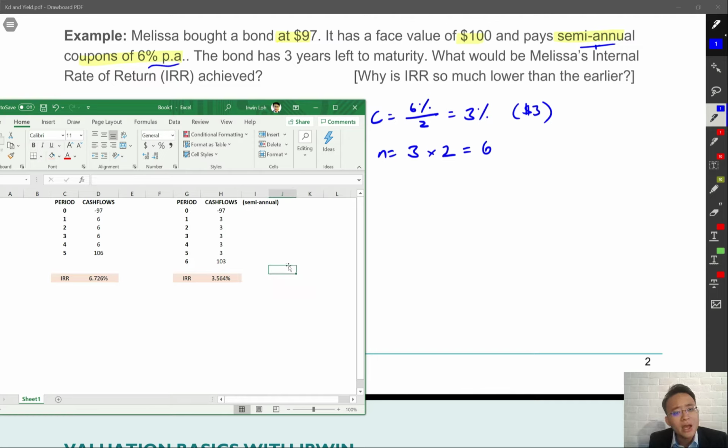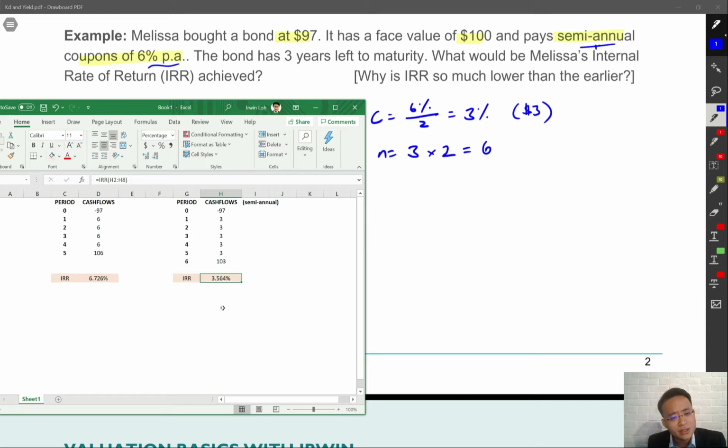Now, question to consider. Why is the IRR so low? In our earlier question, the return the shareholder earned was 6.7%. But here, the return the shareholder is earning is more than what? Half gone? Actually, about 60% of it is gone. What is 3.564%? So much lower. About 60% lower. Okay?